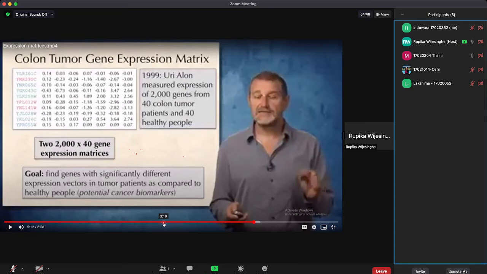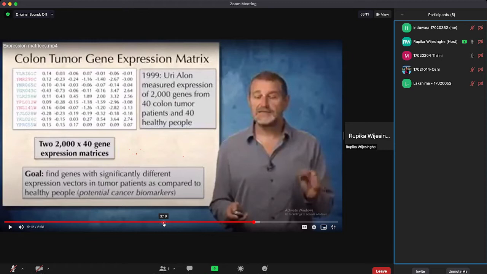So actually we call it the curse of dimensionality. Our next lesson is that, as some of the methods are not going to work, we need to reduce the dimensionality. Reducing dimensionality means reducing the number of genes or features.